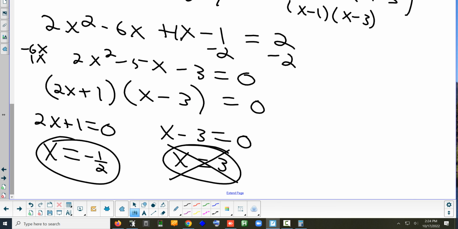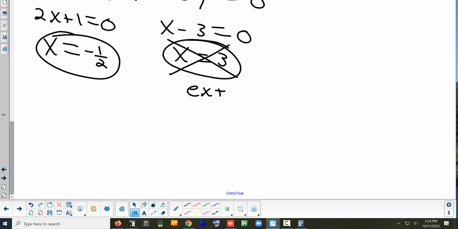So we cross it out, and we can label it extraneous. So what I might set up on the test is I have 2 boxes for this problem. One box would say, this answer is extraneous, and you put the answer that's extraneous in the box. You'd put 3. This answer works, and then you'd put negative 1/2.